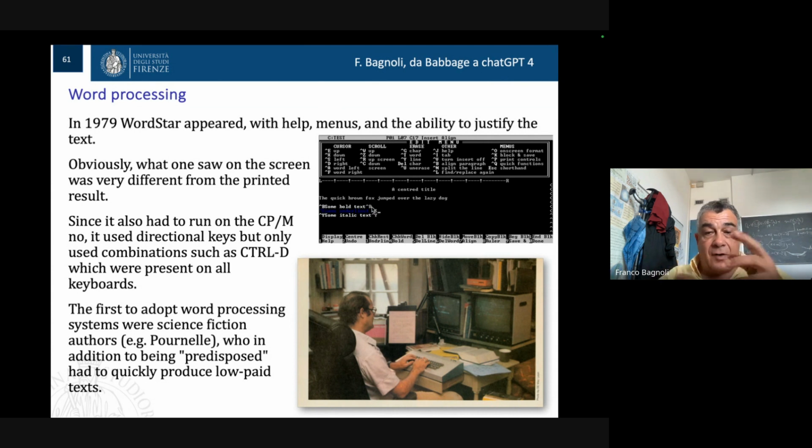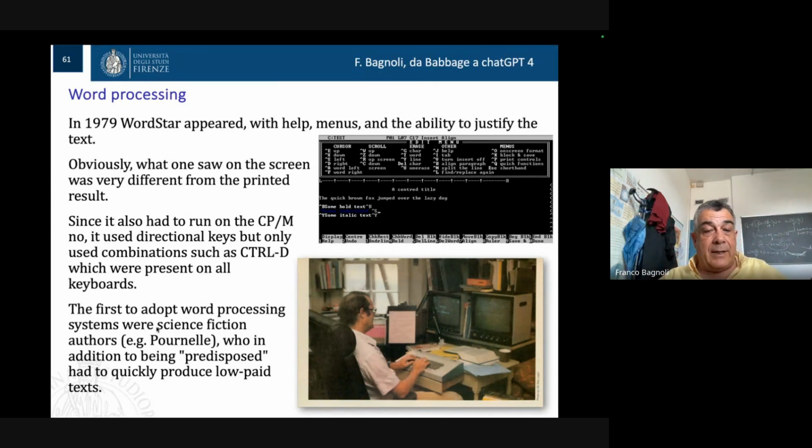So you had to develop a lot of different protocols. While, for instance, in the Unix world, the VI system, which was designed to be used with any kind of keyboard, only used the printable characters. And in this case, you had two modes, the insert mode and the command mode.